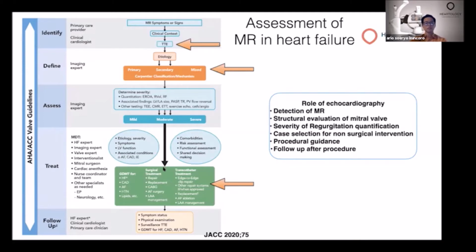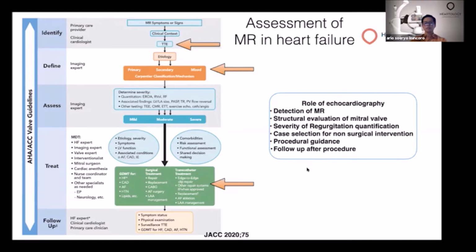We could pursue surgical treatment. With surgery, we can suggest repair or replacement, also concomitantly with other procedures like CABG. Also, don't forget to mention that there's an option for transcatheter treatment like MitraClip repair, and maybe left atrial occlusion, which could be done concomitantly with these kinds of procedures.